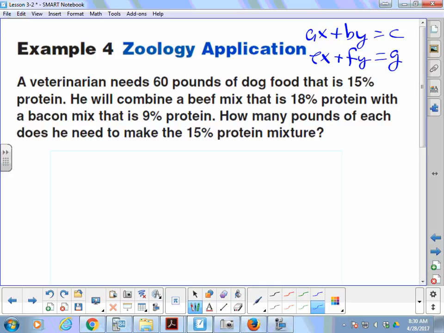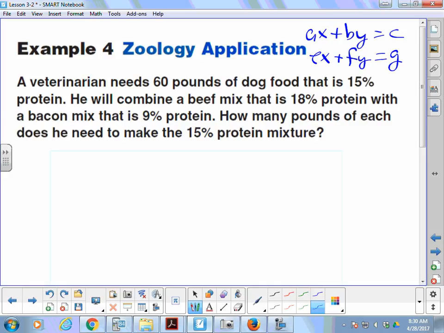So you're going to have two equations, and then we can use substitution or elimination to solve them. Lots of times you use elimination. You could graph them either way, but they're going to be in that form.